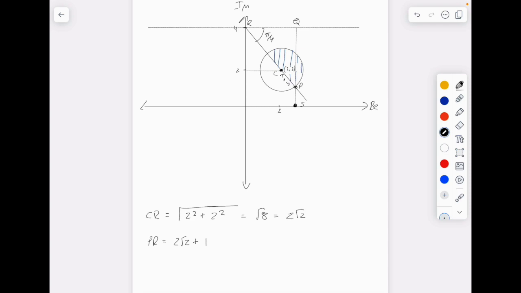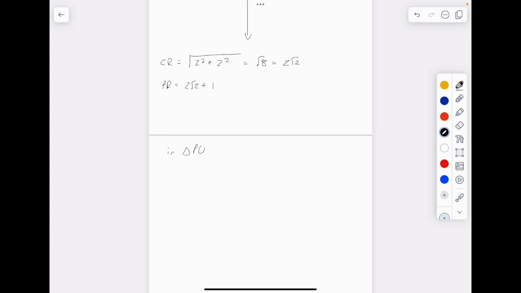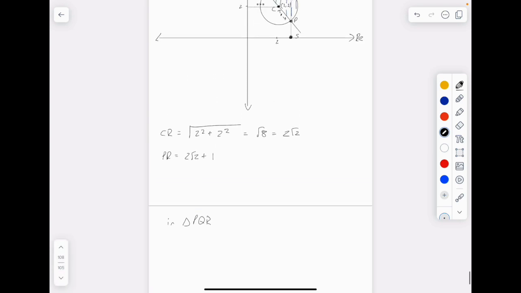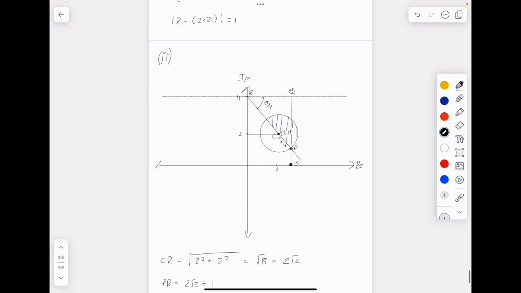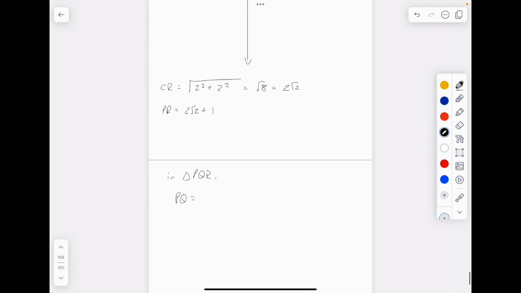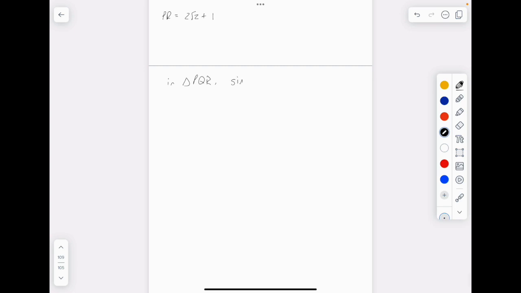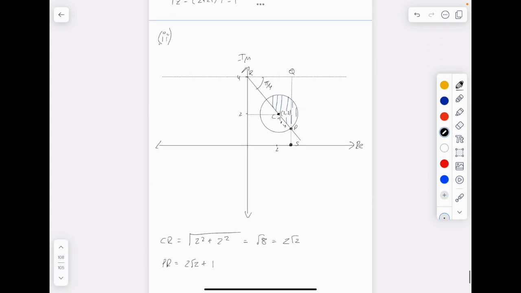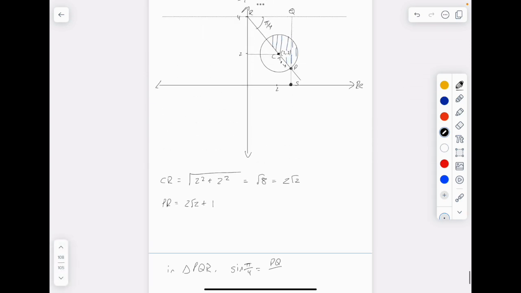Well, what we need to say is, in triangle PQR, before I even go there, in this triangle PQR, sine of pi over 4 is going to equal PQ over PR.